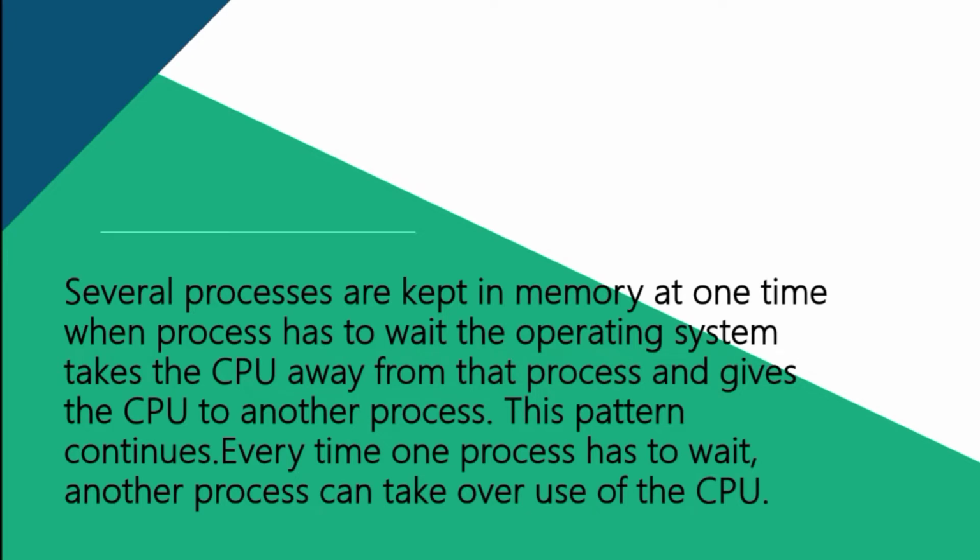Several processes are kept in memory at one time. When a process has to wait, the operating system takes the CPU away from that process and gives the CPU to another process. So this pattern continues. Every time one process has to wait, another process can take over the use of CPU.